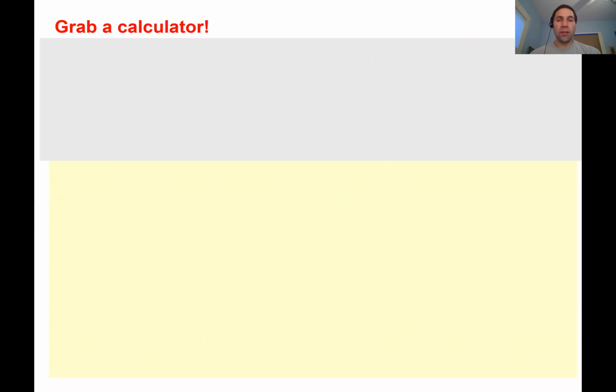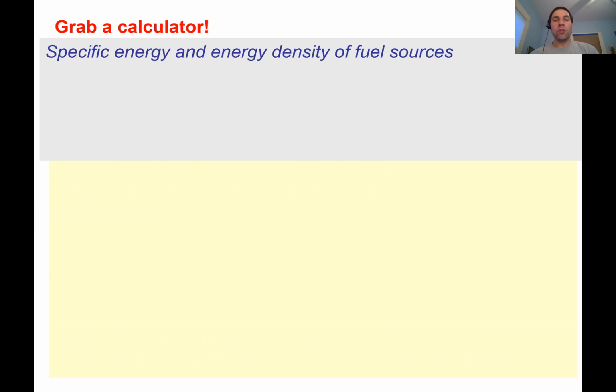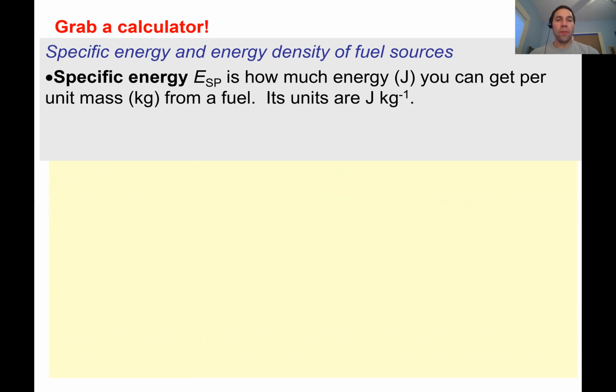Now go ahead and grab a calculator if you don't have one yet, because we're going to do a little calculation here based on two concepts. There are two important concepts here: specific energy and energy density. For each of the fuel sources I just mentioned, coal, nuclear, et cetera, they have what's called a specific energy and an energy density. When we talk about specific energy, that's quite simply how much energy you can get per unit mass of the fuel.